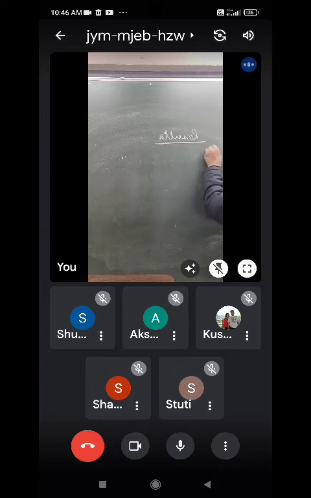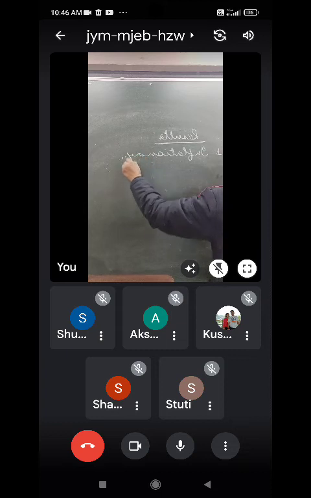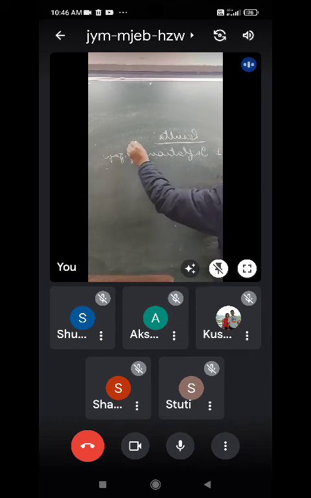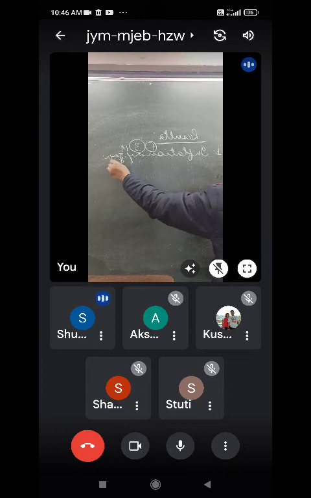First, we see that is inflationary gap. Second one is inflationary gap. I am telling you this is 1 mark separate question. This is 3 mark separate question.